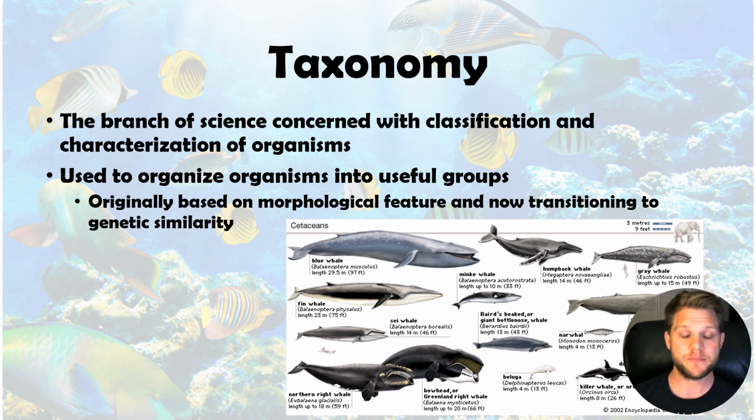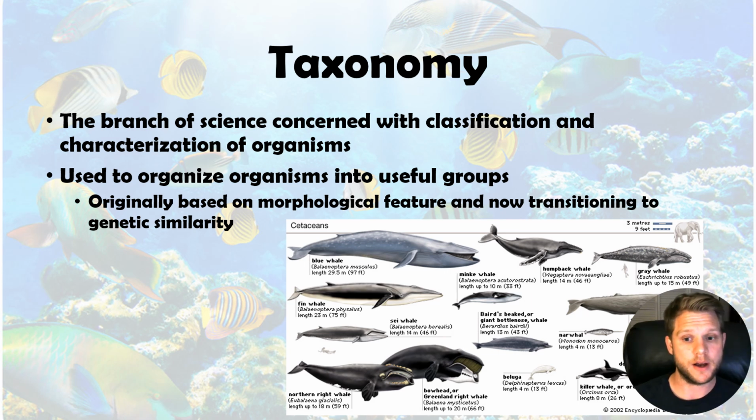Now, originally, taxonomy was based on skeletal morphology. In other words, how organisms looked and how closely they were related to one another, at least from a physical standpoint. Typically, things that looked more similar were placed in the same group. So think like your house cat and your tiger and your bobcat all look very similar, and so they were placed in the same group.